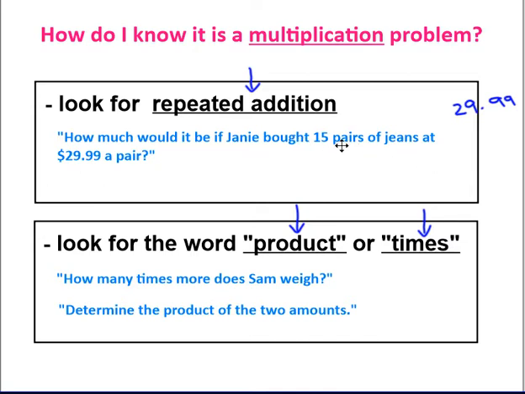But it would be much more efficient to do $29.99 times 15. Now, you will get the same answer either way, but this repeated addition, and repeated means doing something over and over and over again, makes it more efficient, okay, by using multiplication.